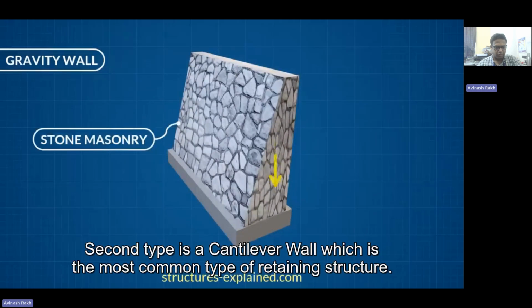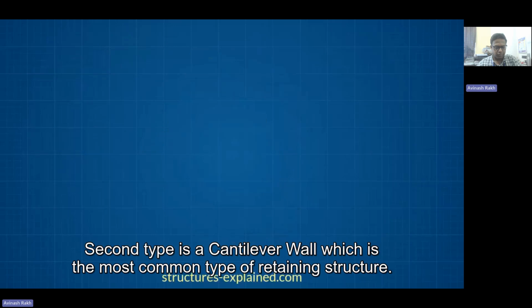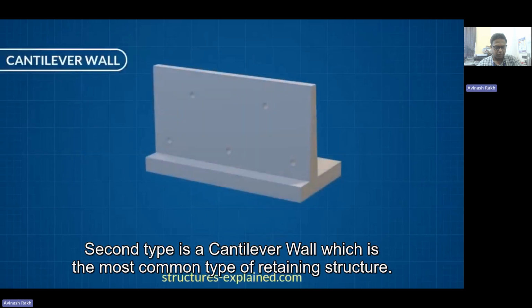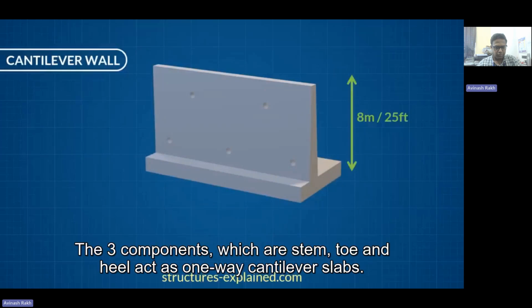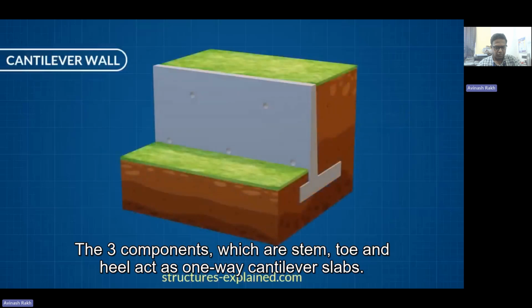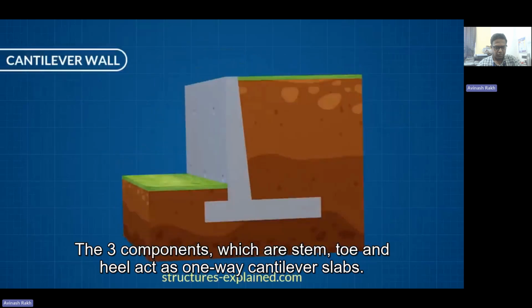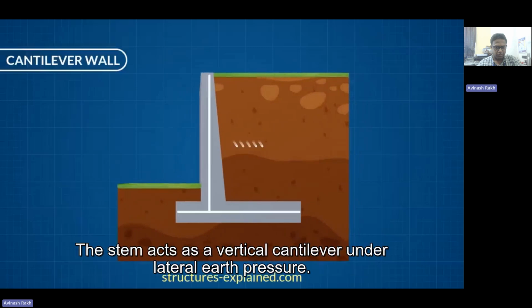Second type is cantilever wall, which is the most common type of retaining structure. It is usually used for retention height up to 8 meters or 25 feet. The three components, which are stem, toe, and heel, act as one-way cantilever slabs. The stem acts as a vertical cantilever under lateral earth pressure.